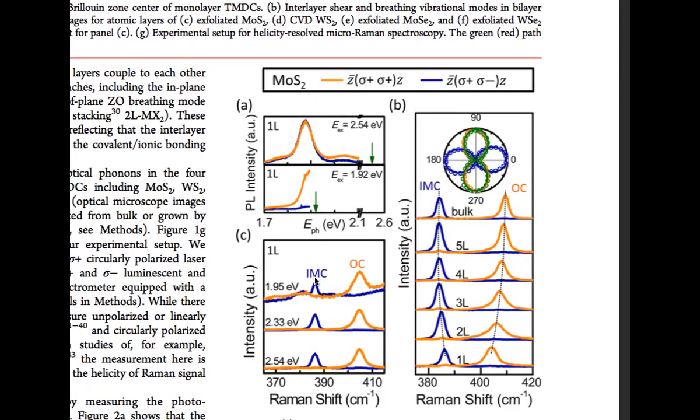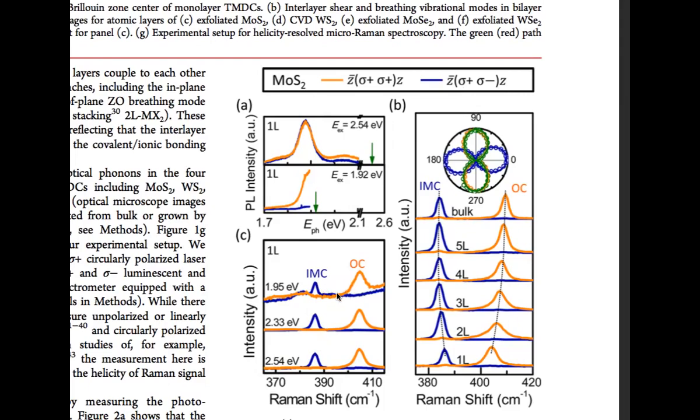And this IMC is the E2G mode. The E2G mode follows the same selection rule as the shear mode, and it is cross-polarized. So when you use left and right, you're going to see it. Basically, these are the selection rules for those modes.